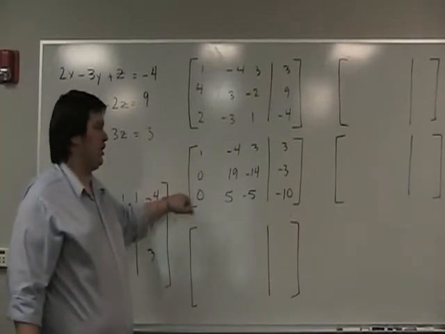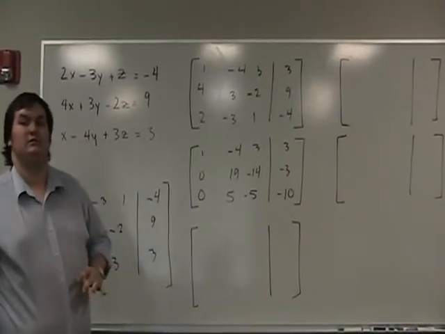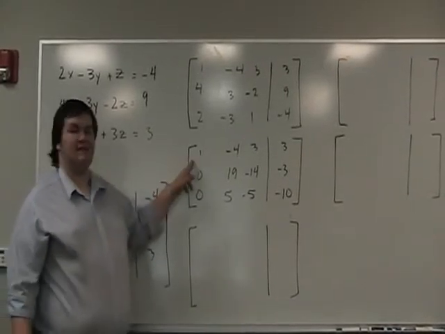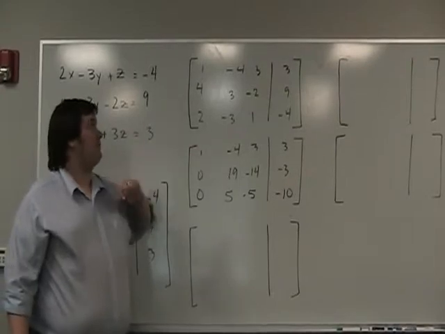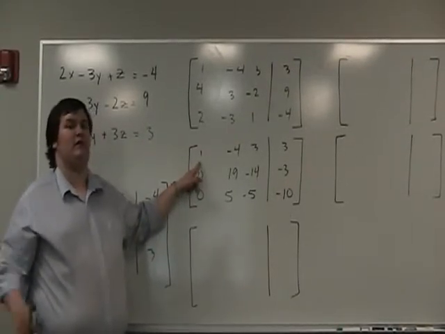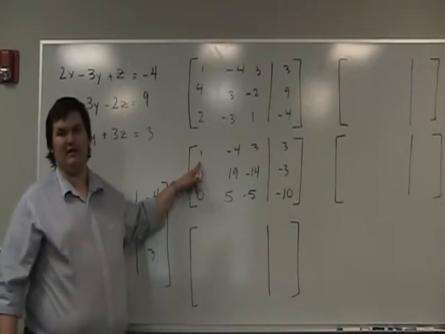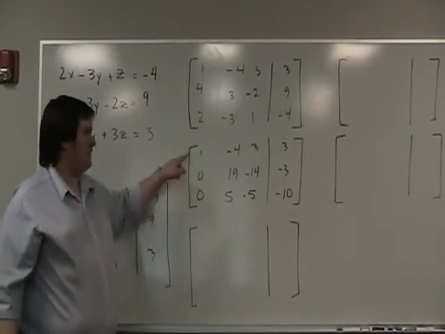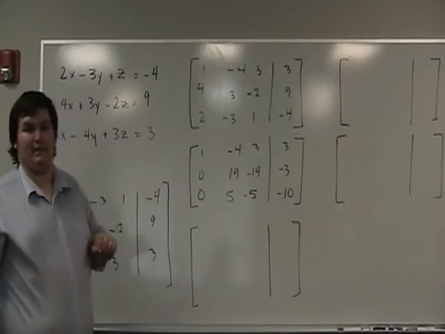What did we want to change this column into? 1, 0, 0? Correct. If I had left it as that row times negative 4, what would be right here where the 1 is? A negative 4. Negative 4, but that's not what we want. So what we will do is we will alter this row to change the other rows, but this row is going to stay the same.